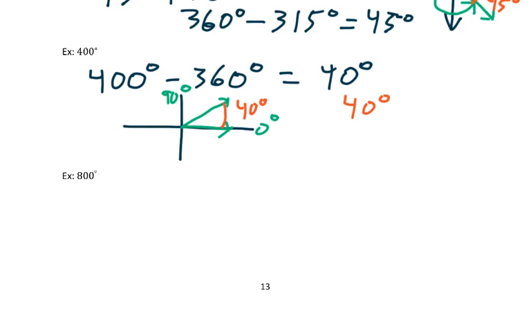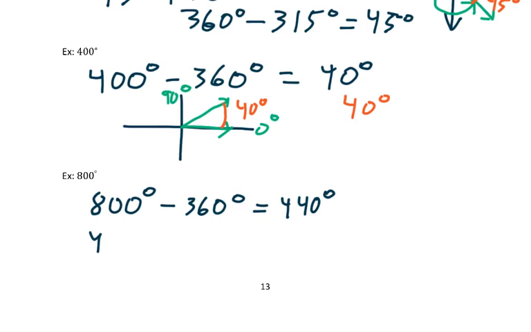Here's 800 degrees. Again, that's way too big, so let's subtract. If you have to use a calculator, that's fine. That's what I'm doing now because I don't want to make a mistake. 800 minus 360 is 440 degrees. As you can see, that's still too big, so let's subtract again. We have 440 degrees minus 360.